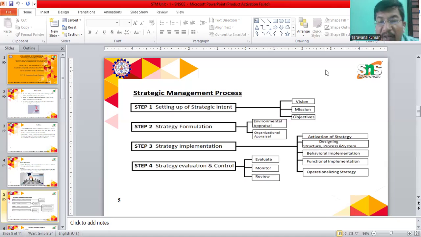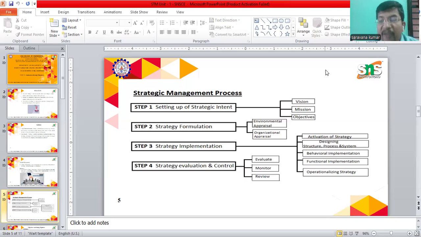So strategy evaluation and control. First, you evaluate all the strategy, you have to check it. Then monitor all the activities, from starting to ending. Then finally review. Why do we say review? Because you look at it again.